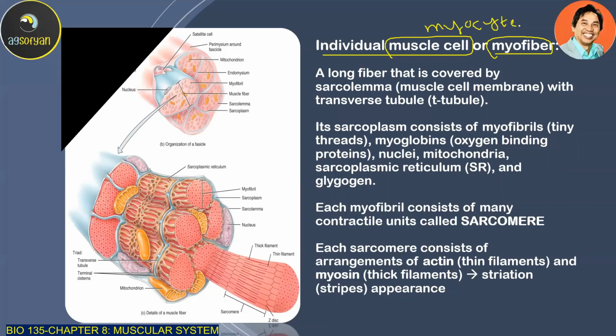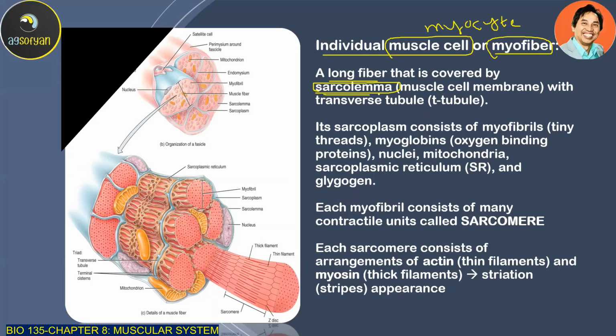So myocyte, myofiber, muscle cell, it is the same thing. Why is it called the myofiber? Because it is a long fiber that's covered by sarcolemma. The plasma membrane of the muscle cell has a special name. It's called the sarcolemma. A regular cell has a cell membrane.